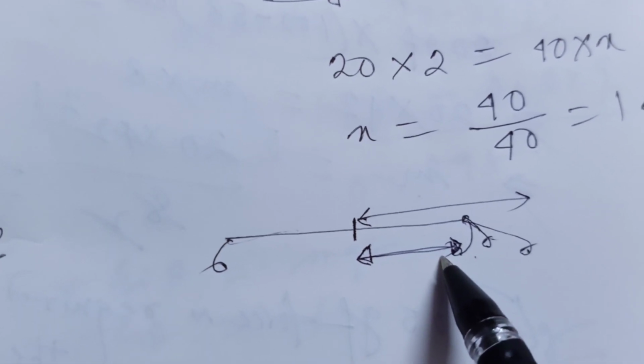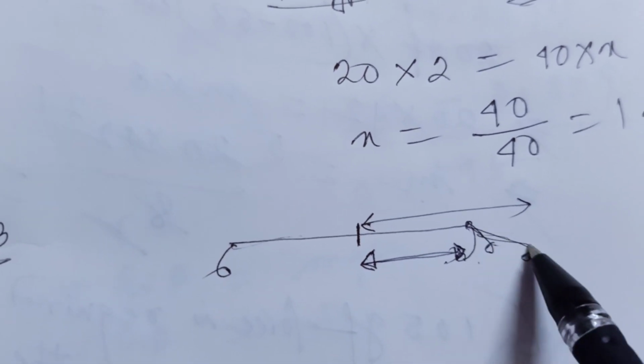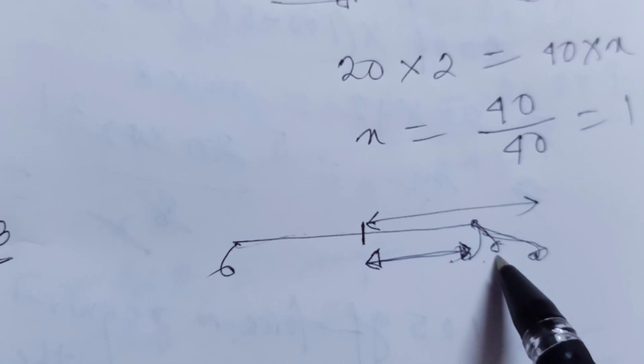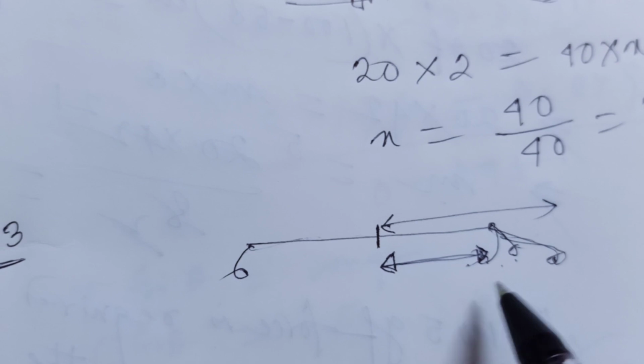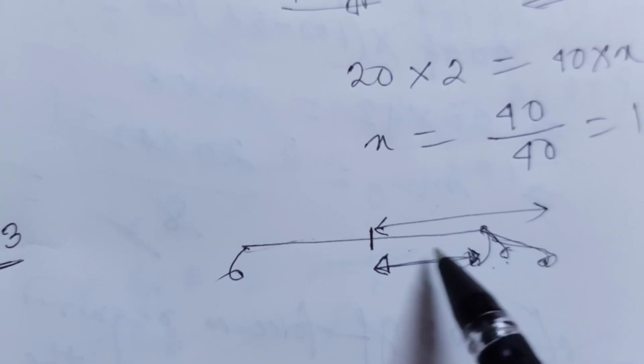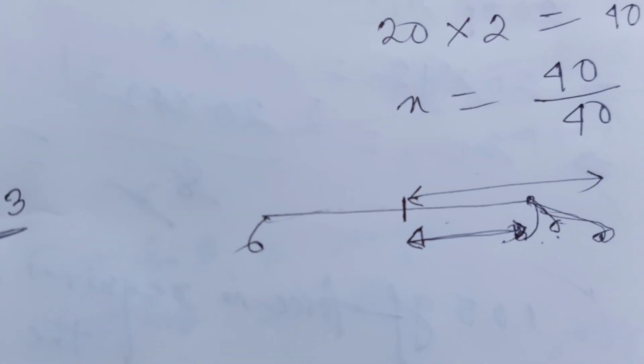So if the distance is less, the weight is more, and if the distance is greater, the weight is less. Some paper vendors roaming from different houses use this type of balance.